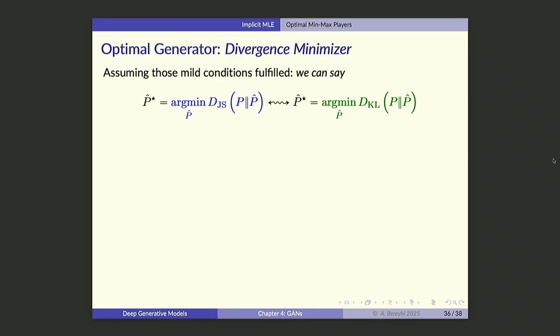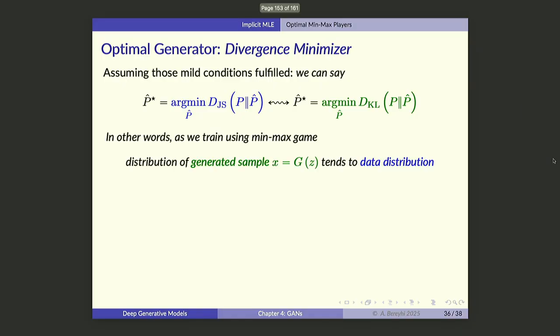Everybody's clear? So I took you through all of this hard time this session to end up with this conclusion: when you are training the GAN using the min-max optimization problem, you're essentially trying to make the output of your generator look like the data distribution, and you're doing it by minimizing the KL, or the better version of it, the Jensen-Shannon one.